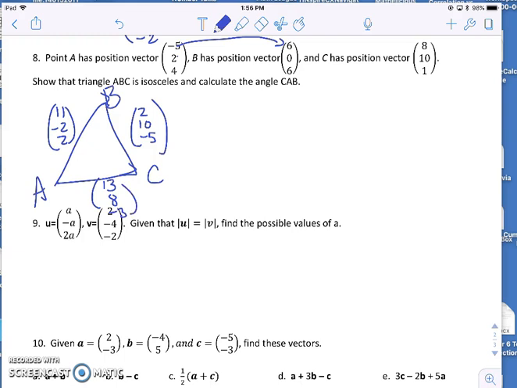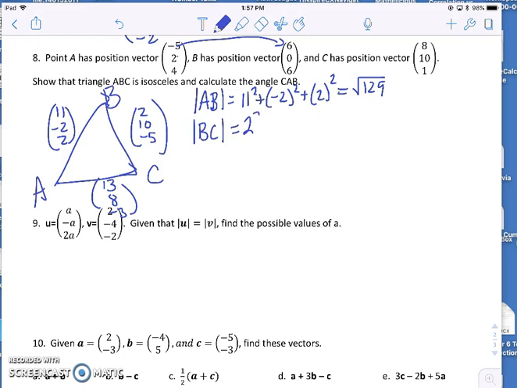So let's show that this is isosceles. So the magnitude from A to B would be 11 squared plus negative 2 squared plus 2 squared. So 121 plus 4 plus 4, so the square root of 129. B to C, 2 squared plus 10 squared plus negative 5 squared.